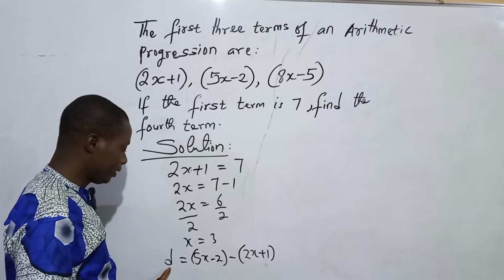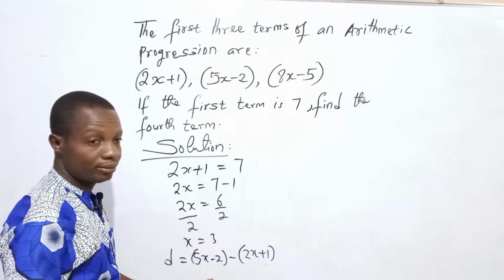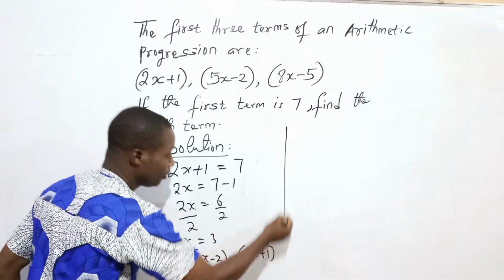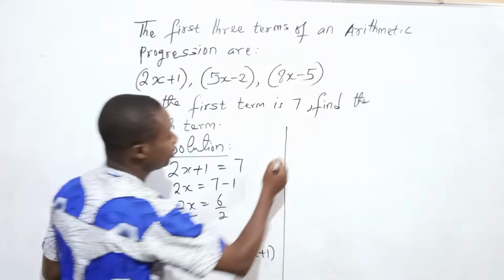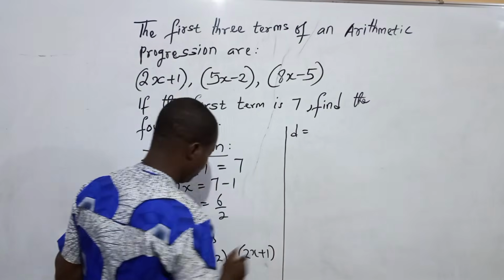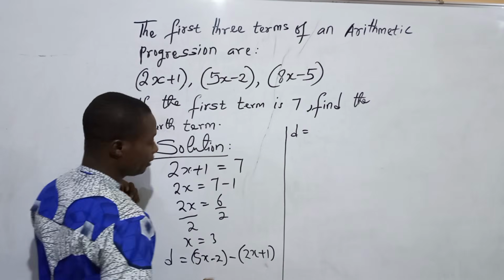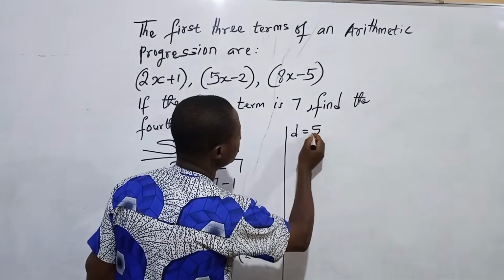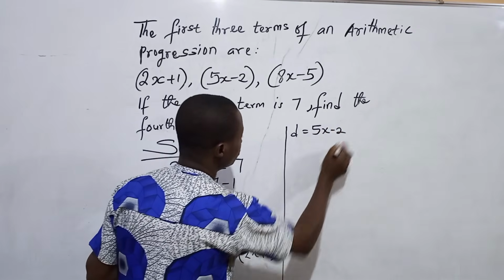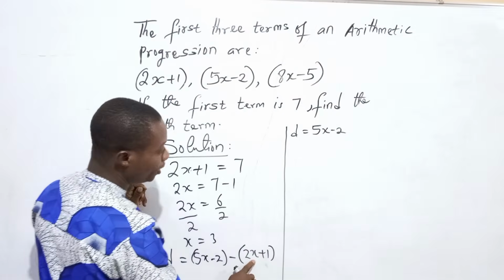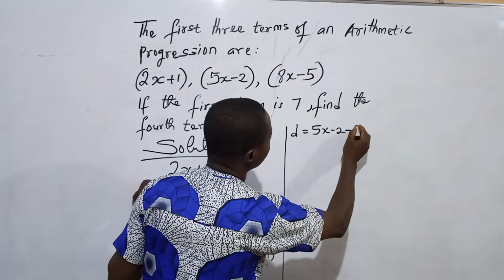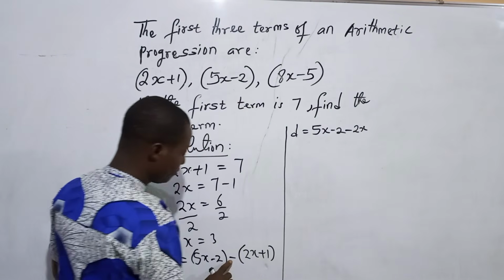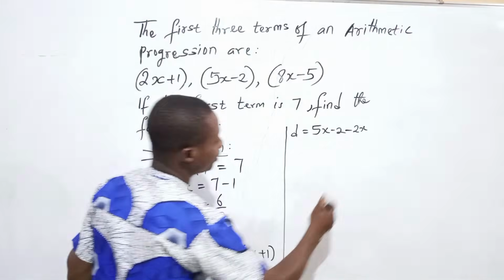Now that we have written d like this, we are going to clear the brackets. If we clear the brackets, we have d equals 5x minus 2, minus 2x, then minus times plus is minus, so that's minus 1.